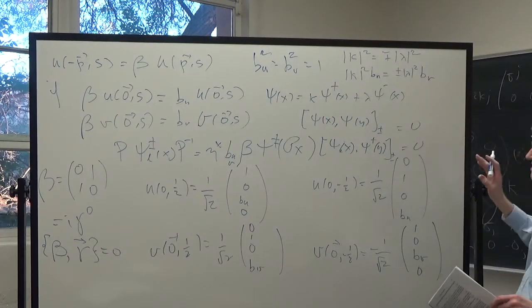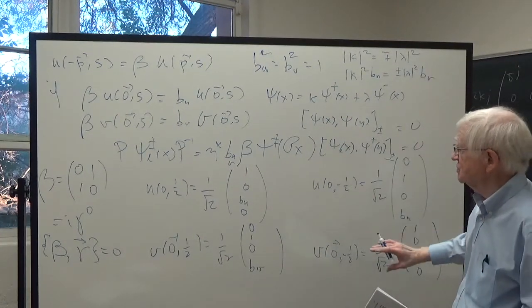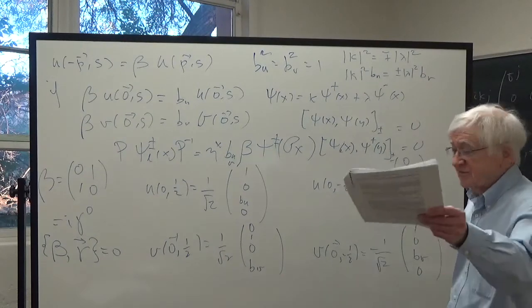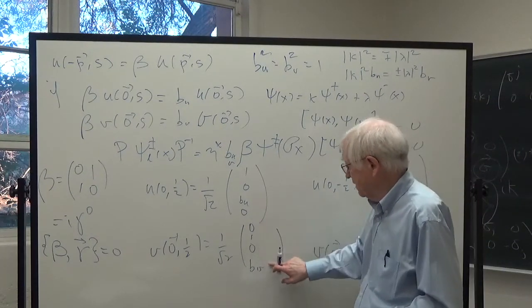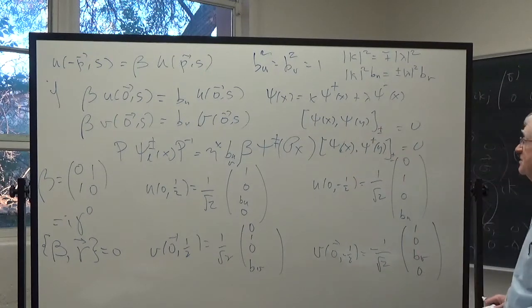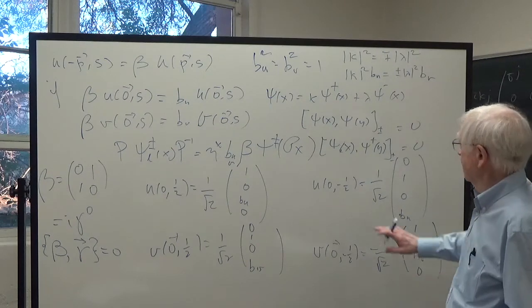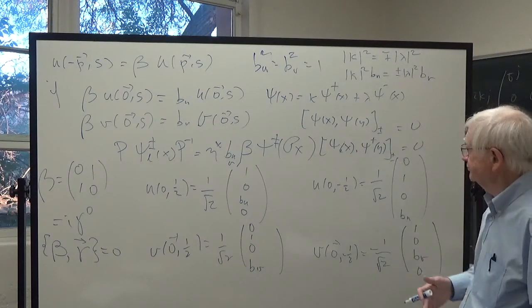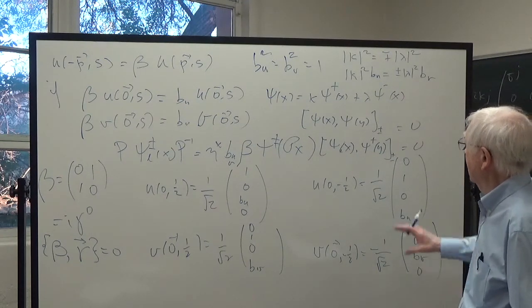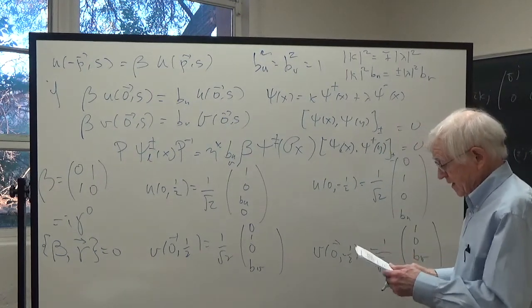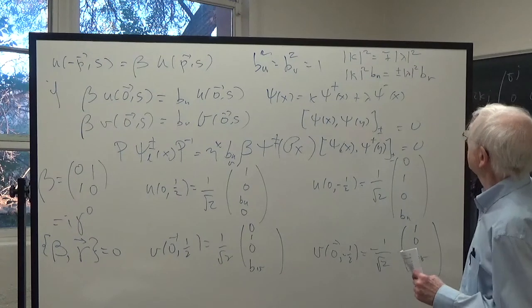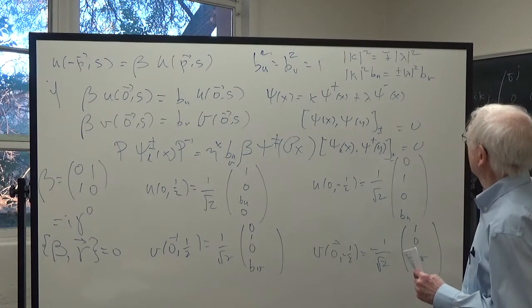So you take these expressions for the field in terms of the spinors, and now the spinors have an extra BU or BV. There's some cranking that Weinberg skips, and in order to get these, we need these two conditions.